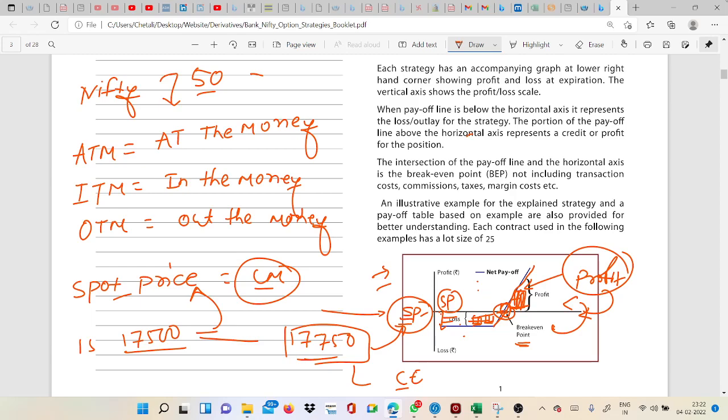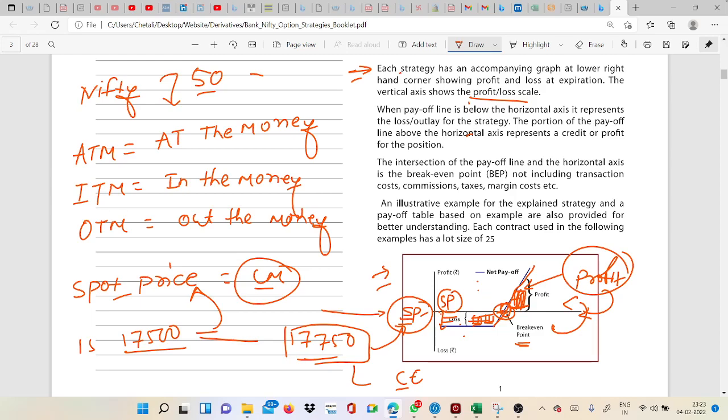So we'll read this description and see what the outcome will be. Each strategy has an accompanying graph at the lower right-hand corner showing profit and loss at expiration. The vertical axis shows the profit and loss scale. When the payoff line is below the horizontal axis, it represents the loss and outlay for the strategy.